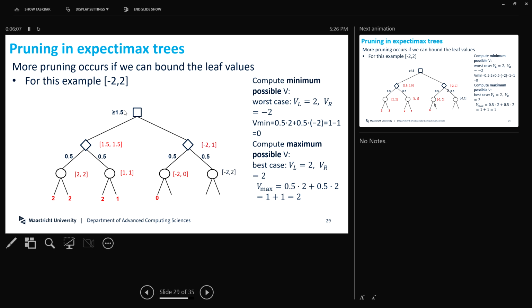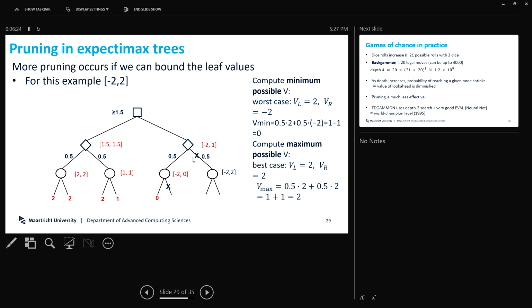Now we look at the maximum value over here, and we see, oh boy, our maximum value is 1, which is smaller than 1.5. So we can safely say that we can prune this branch. We don't need to evaluate this anymore, and we don't need to evaluate this branch anymore. That's everything there is to expectimax.